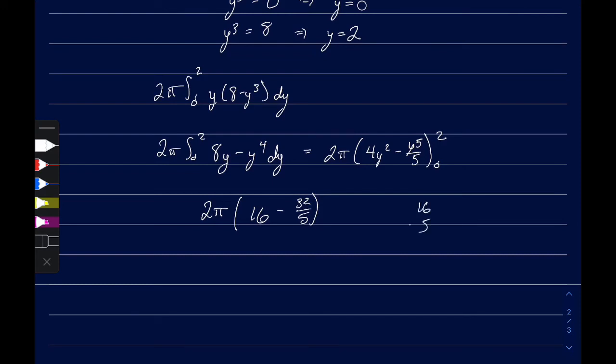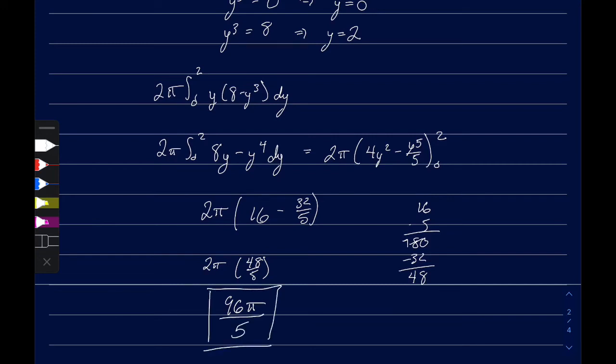Okay, so 16 times 5, remember that's 80, and 80 minus 32 is going to be 48. So we have 2 pi times 48 over 5, or 96 pi over 5, is our volume.